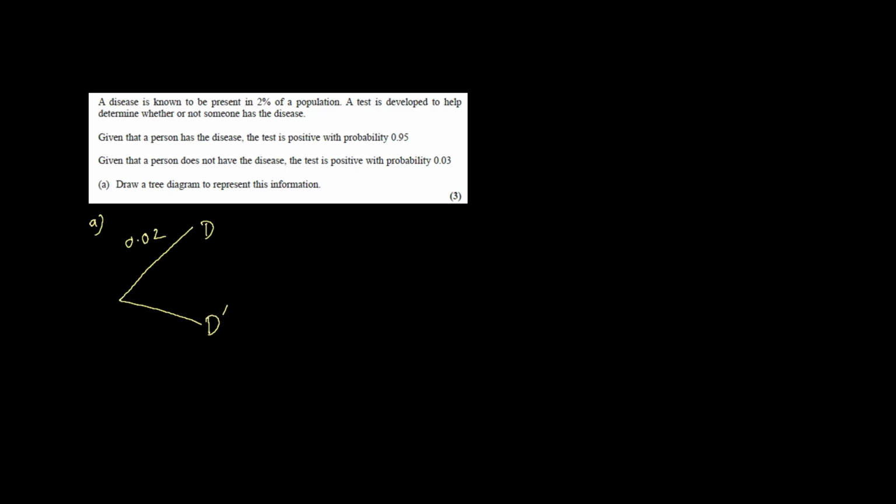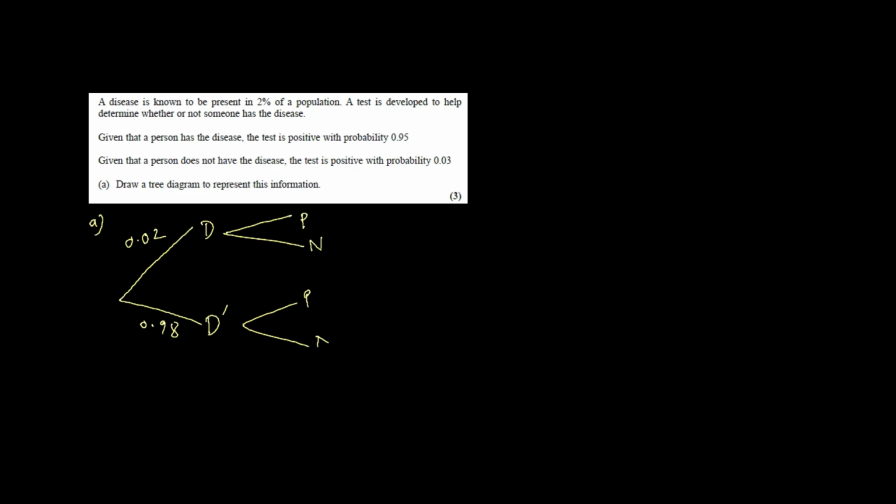So the rule of probability is, if you know one probability and want to find the opposite of that, you do 1 minus that. So 2% is 0.02, and the probability of not having the disease is 1 minus 0.02, which is 98%. So this would be 0.98. Now we have the other two options: yes, no, yes, no. So positive, negative.